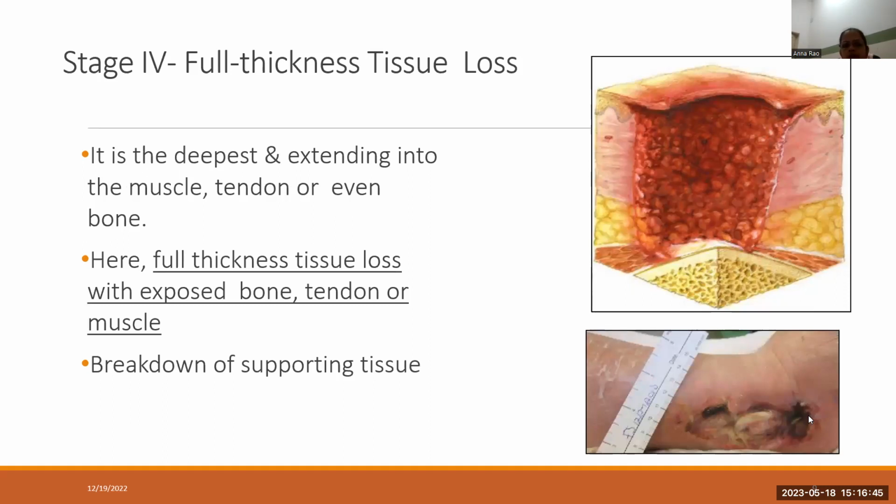The last stage is full thickness tissue loss. It is the deepest and even extends into the muscle, tendon, or even bone can be seen through the wound. So supporting tissue loss has occurred. You can imagine how difficult it would be for it to get healed.